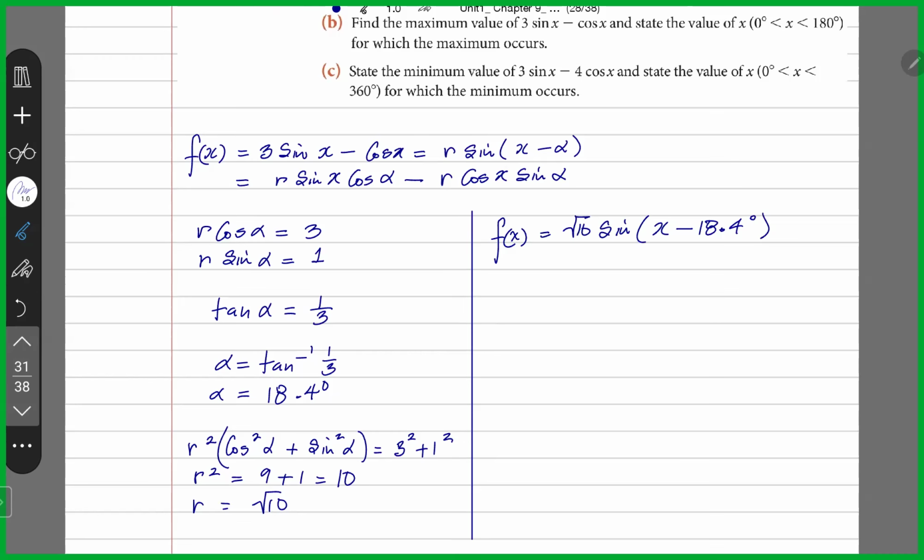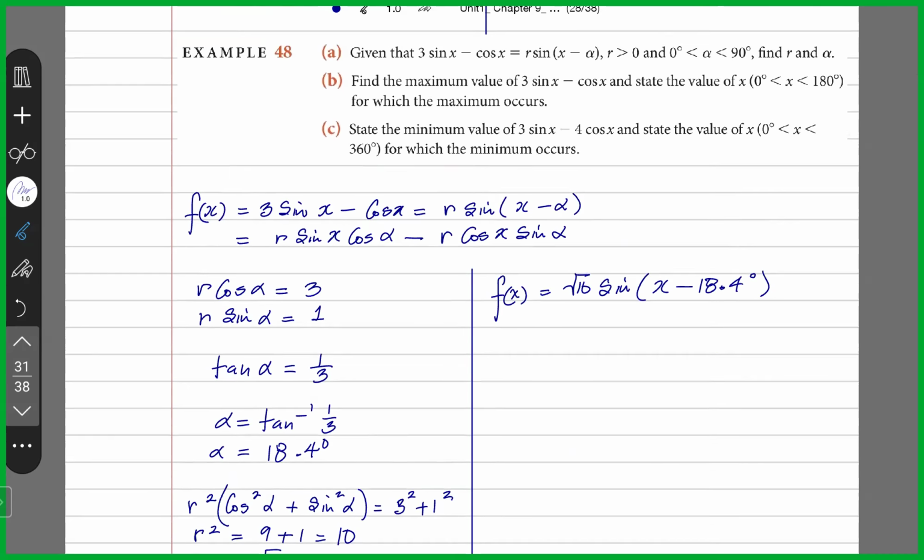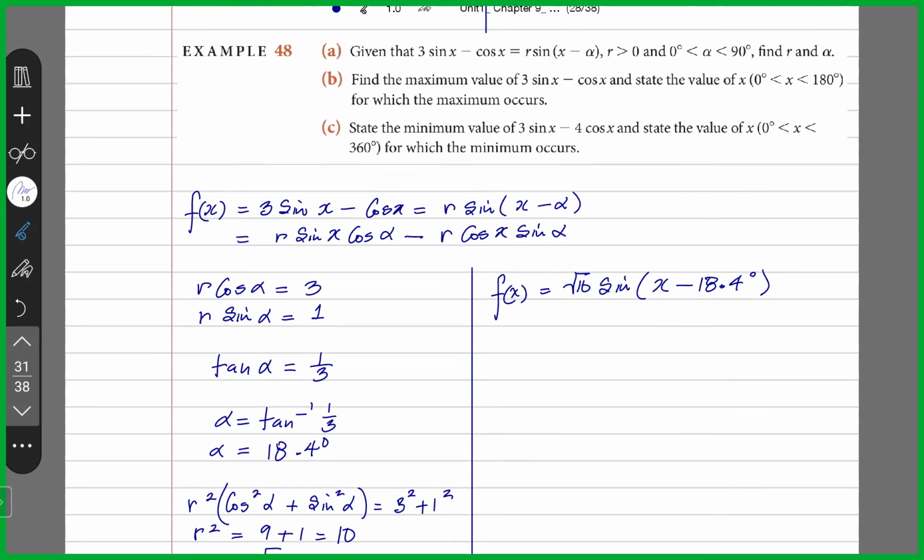So we have finished A. So now we're at B. We're to find the maximum value of f of x. You get the maximum value of f of x when the sine of x minus alpha is equal to 1. So this becomes root 10 times 1, which is root 10. So root 10 is the maximum value of f of x.